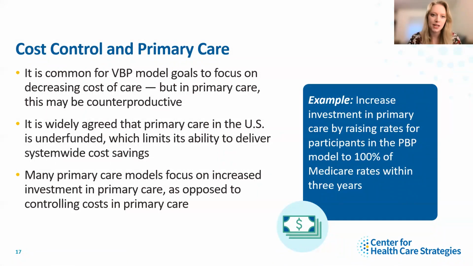So with that in mind, it's interesting to think about when you look at primary care PBP models across the country, what existing models look like and what model designers are talking about and thinking about. It's quite common for these models to actually focus on increasing investment in primary care rather than controlling cost in primary care.